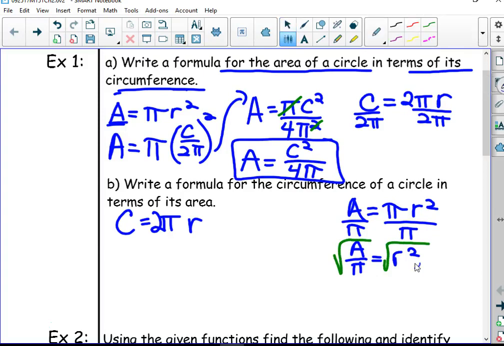Technically, we should probably do plus or minus in front of the square root of A over pi, but these are all distances or areas, so it doesn't make sense to have a negative. Okay, so r is equal to the square root of A over pi.